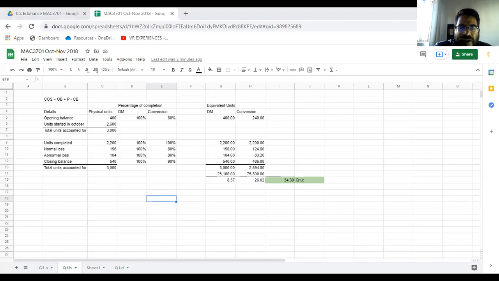UB uses approximately 24 tons of wheat flour annually in the manufacturing. Manufacturing takes place evenly throughout each financial year, which consists of 300 days.